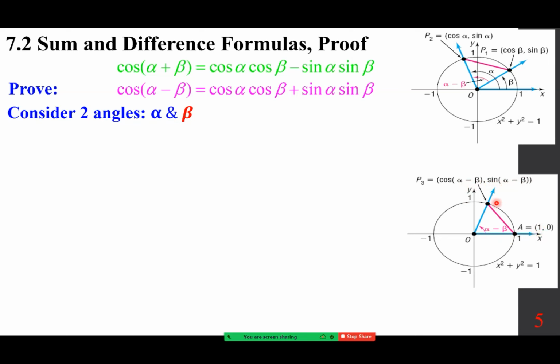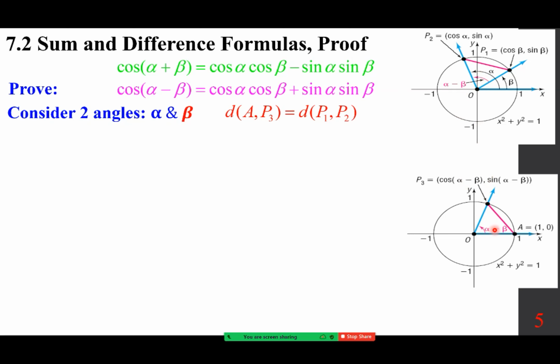The two distances, because both central angles have a measure of alpha minus beta, are the same. So the distance between this point A and P sub 3, D stands for distance, is the same as the distance between P1 and P2. The reason is very simple: the central angle is identical in both cases, alpha minus beta.